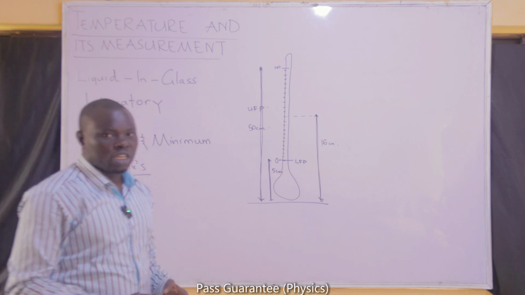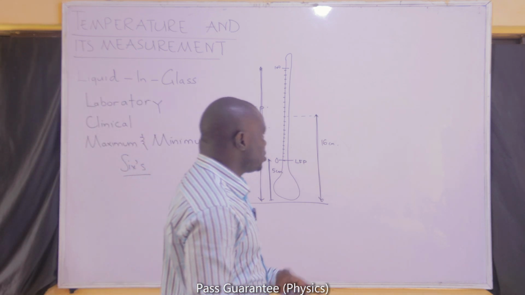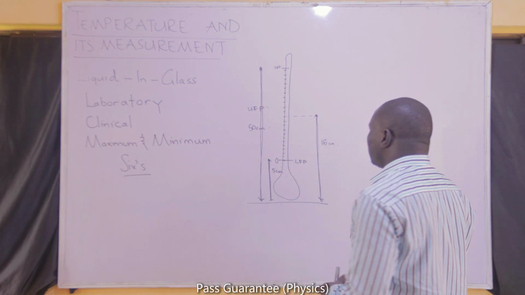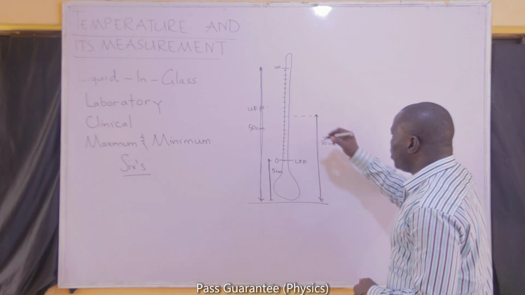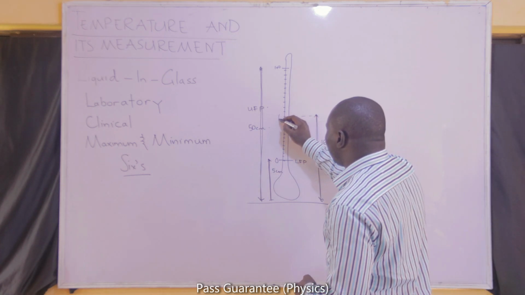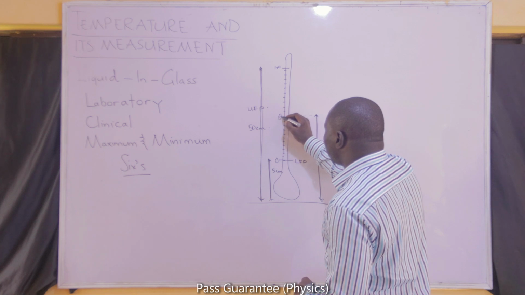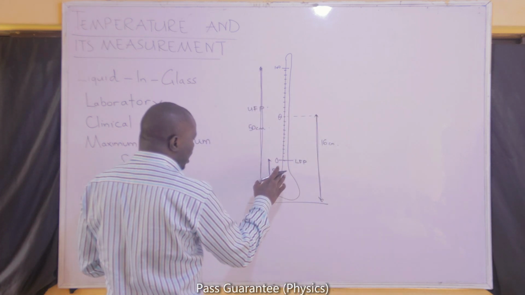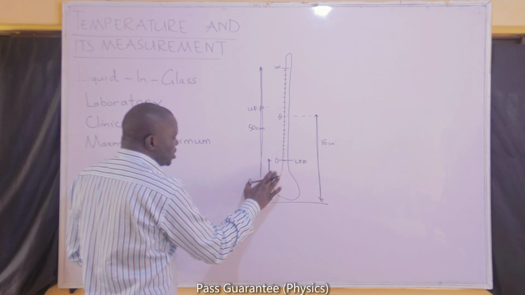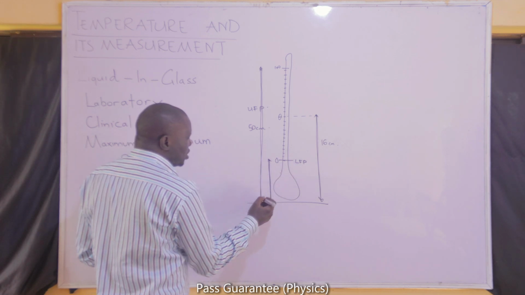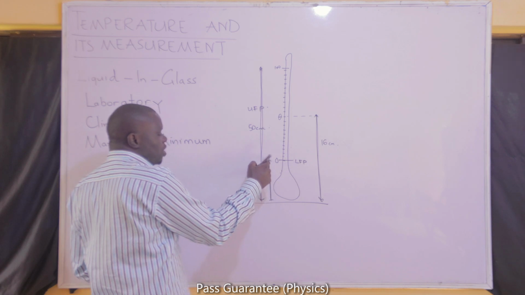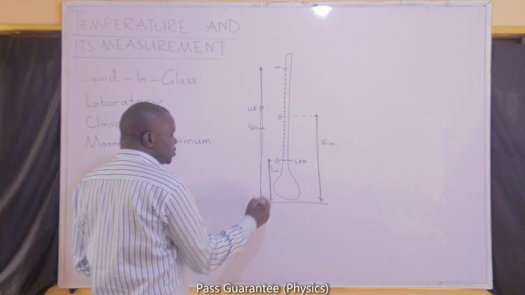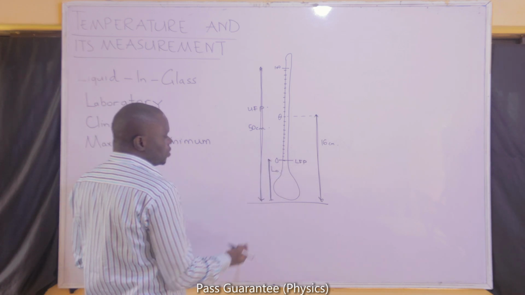What I will do is use the extrapolation formula, something that is already very common in our textbook. I'll call the temperature of the point I want to find theta. Let me use a more generalized form. Instead of using 5 centimeters, let us assume that the length of our lower fixed point is L0, the length at 0.